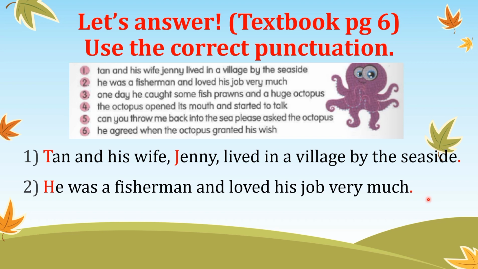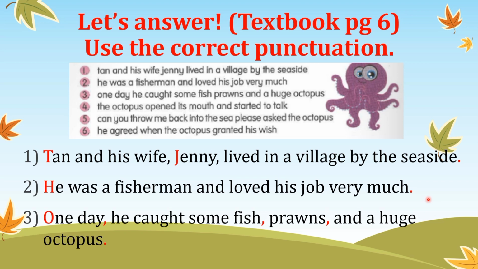One day, he caught some fish, prawns, and a huge octopus. Which of these two sentences is correct? Of course, the second. So here's the correct answer. One day he caught some fish, prawns, and a huge octopus.